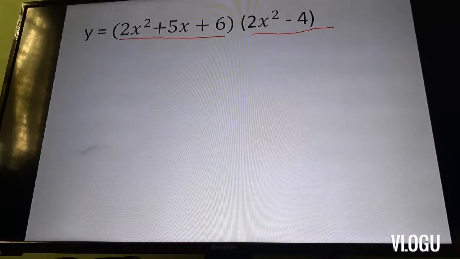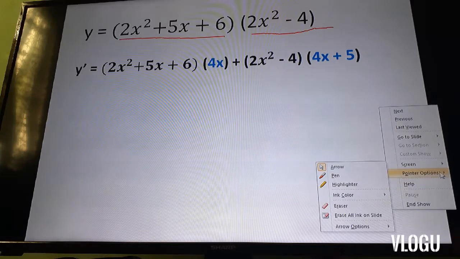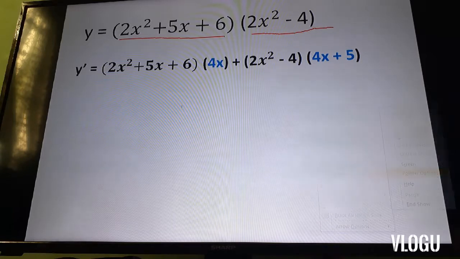So it's time for us to substitute the given expressions by finding their first derivative. Also, it is easier for us if we have identified the first and the second functions of the given expression. Now, to solve, the first step is just to copy this.